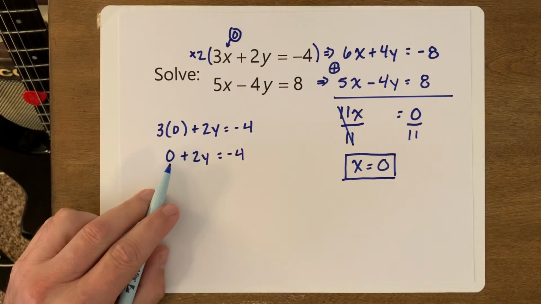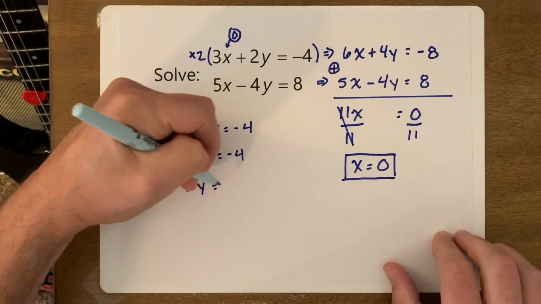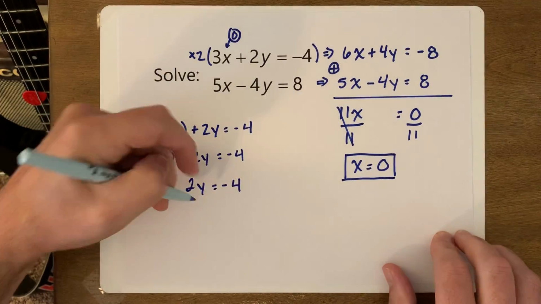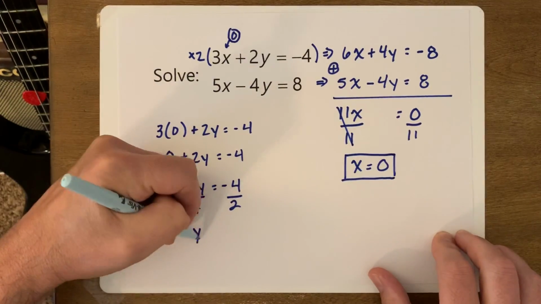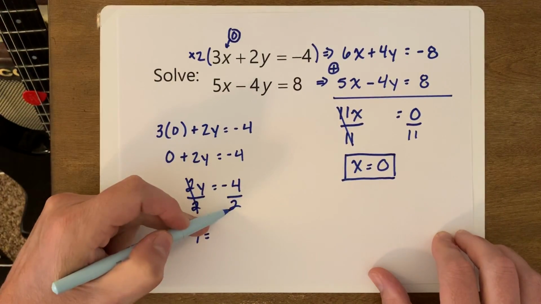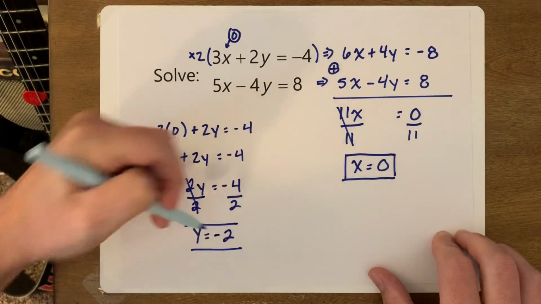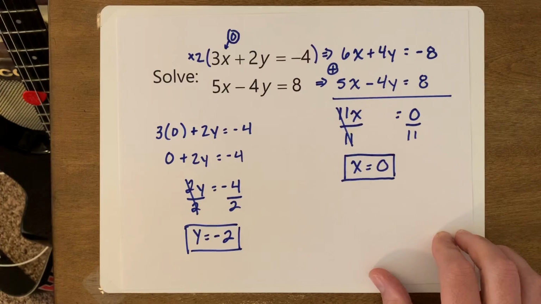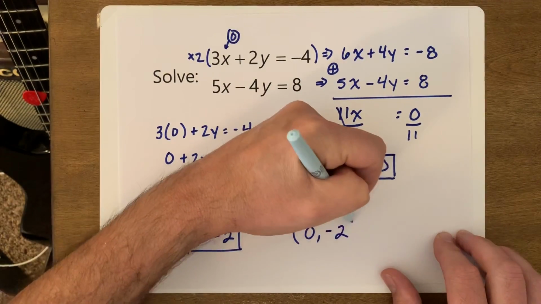Well, the 0 doesn't do anything, so it just goes away. So 2y is equal to negative 4. Divide by 2, and y is equal to negative 4 divided by 2 is negative 2. So now I have the x and y value I need, and it's going to be 0, negative 2.